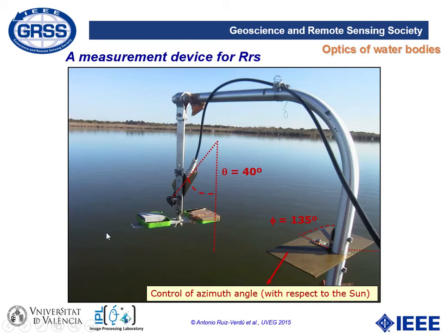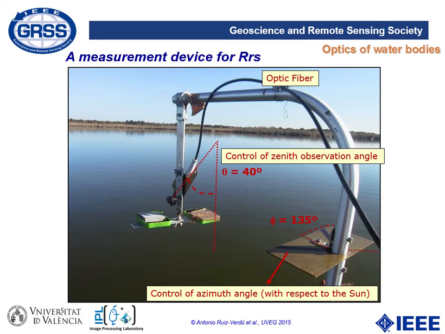So the angle from which we observe the water is also important to minimize this contribution. Here you see also that this piece can be turned, and we can measure first the spectral plate and then the water.